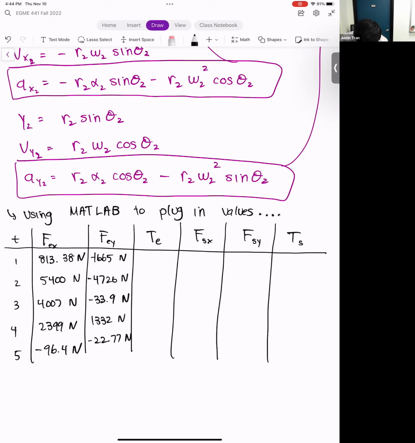We have TE at minus 208.6 newton meters, because the units for moments are newton meters.